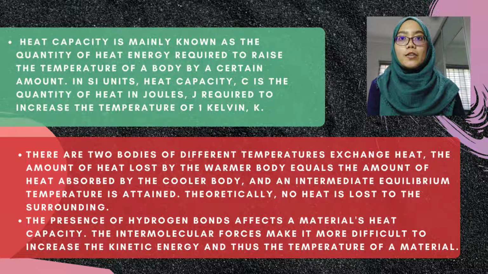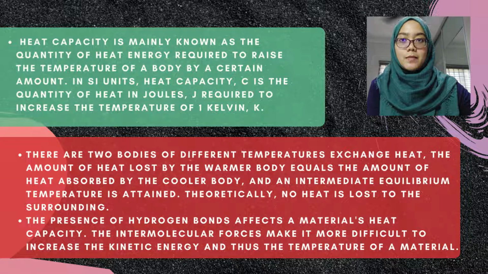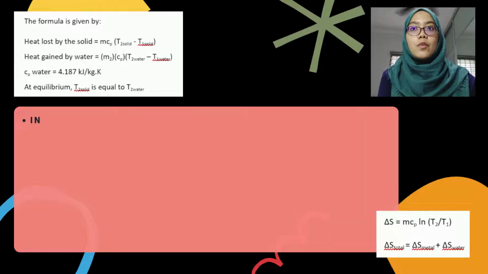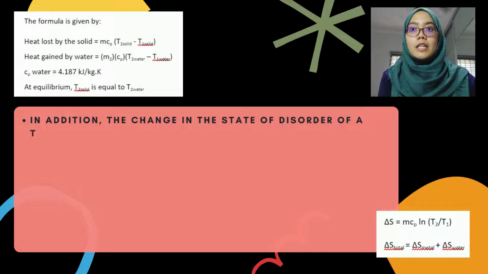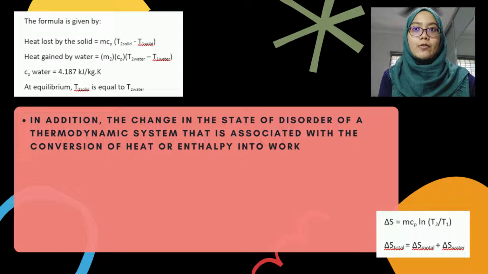The presence of hydrogen bonds affects a material's heat capacity. The intermolecular forces make it more difficult to increase the kinetic energy and thus the temperature of a material. The formula is given by heat lost by the solid is equal to m Cp multiplied by T2 solid minus T1 solid, and heat gained by water is equal to m2 multiplied by Cp multiplied by T2 water minus T1 water.